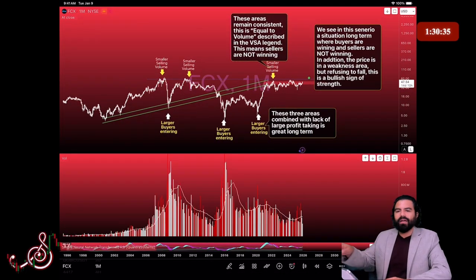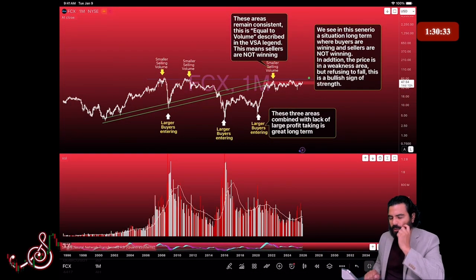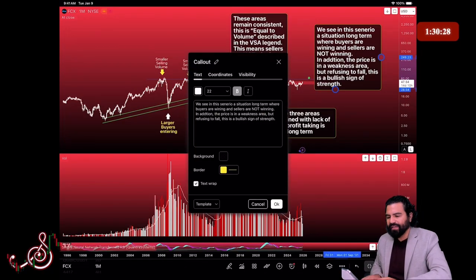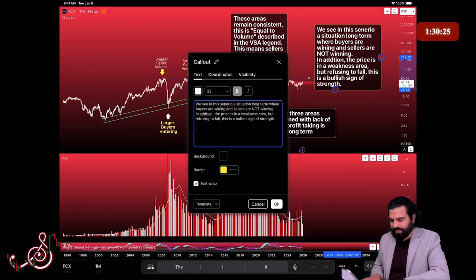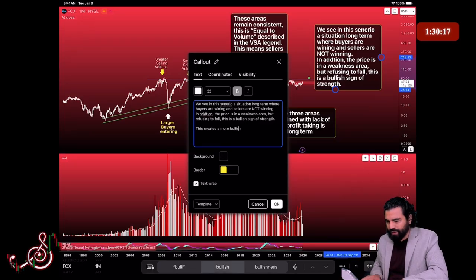All right, so I would be walking away from this with something that looks like a higher probability of strength or upward movement. This creates a more bullish probability on this chart. This is monthly, therefore very long term.